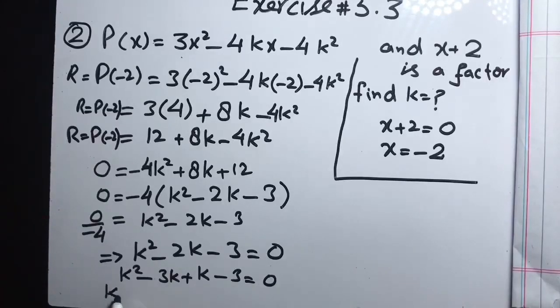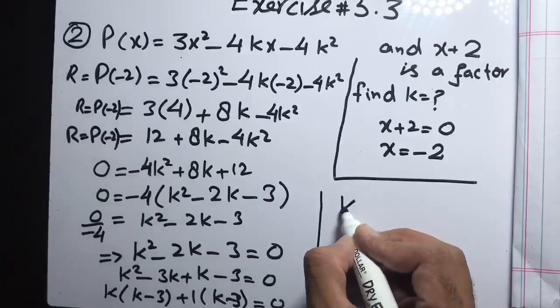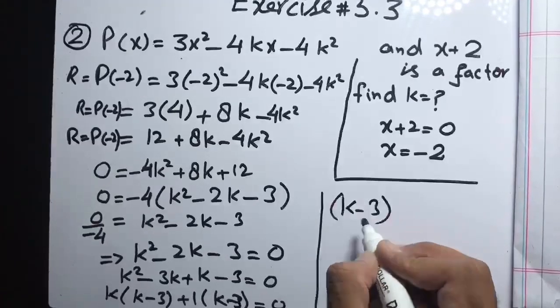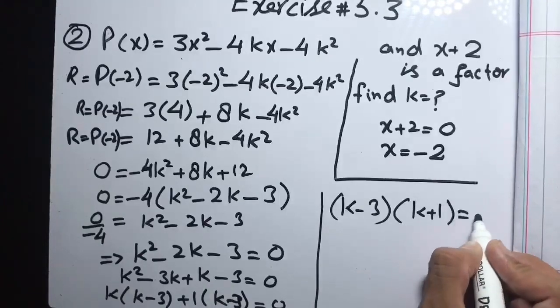Here we can take k common in the first two terms, and we get k minus 3, and plus 1 common, we get k minus 3 in the second two terms, and that is equal to 0. Now as a whole you can take common k minus 3, so k minus 3 into k plus 1 is equal to 0.